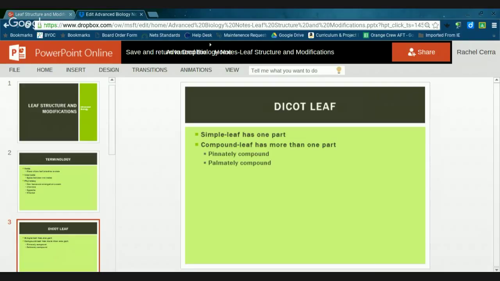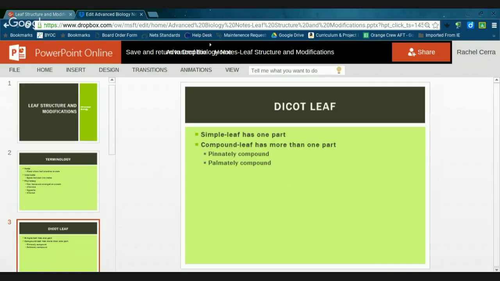Pinnately ones are going to look kind of like a palm, in the sense that it's got stuff coming up the top and the bottom, and then it's got one leaf at the terminal end, like a long palm tree leaf, as opposed to that palmately compound, which actually looks like a hand, like a palm of your hand, kind of spread out.